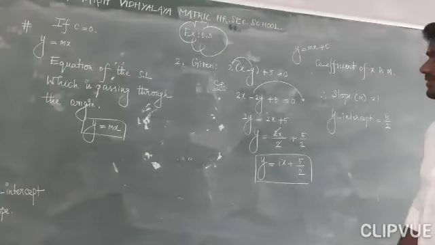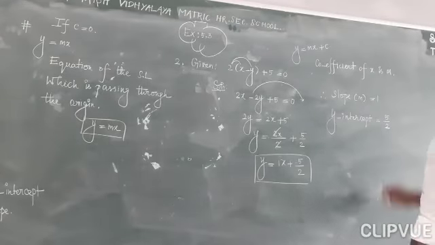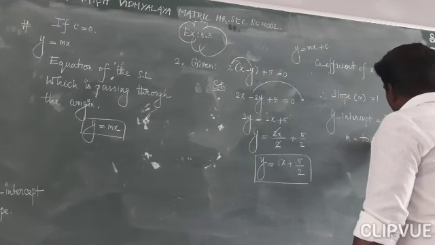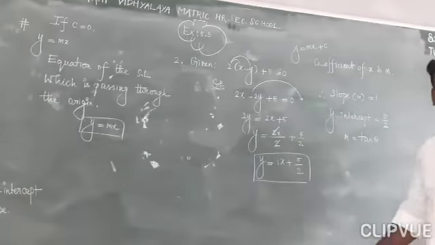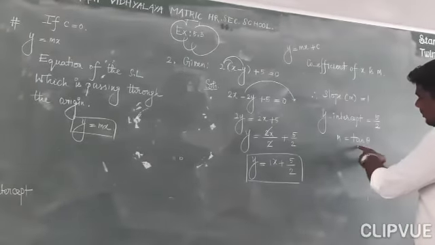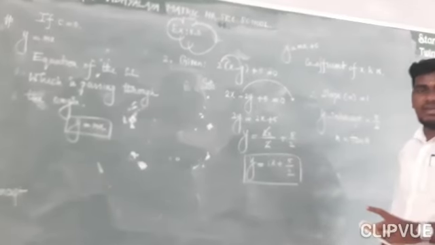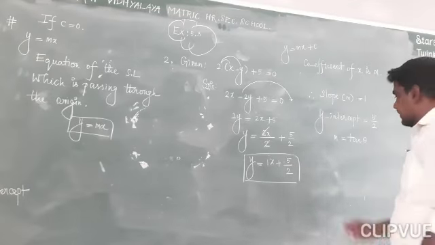And they are also asking to find the angle of inclination. We know that m is equal to tan theta. Which degree value of tan is equal to 1? Tan 45 degree value is equal to 1, you know that.